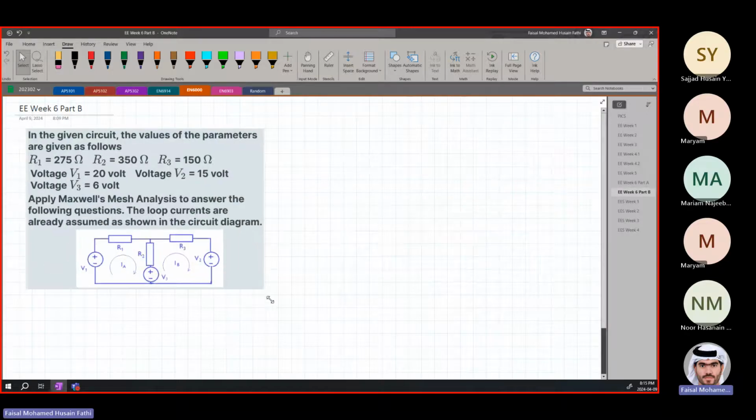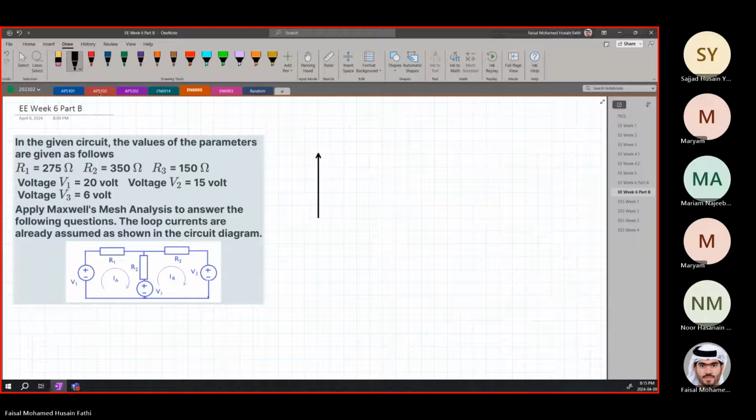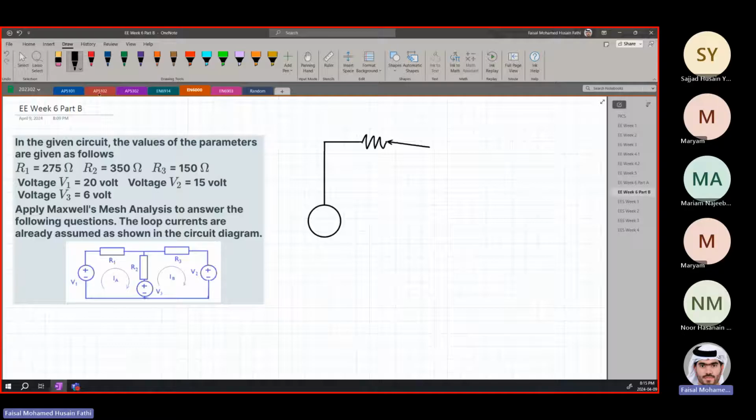In this given circuit, let's redraw the circuit. Here we have a voltage source, then we have a resistor over here, and then we have a resistor also over here in the middle.